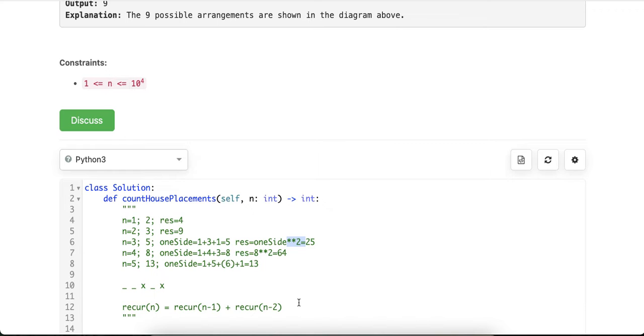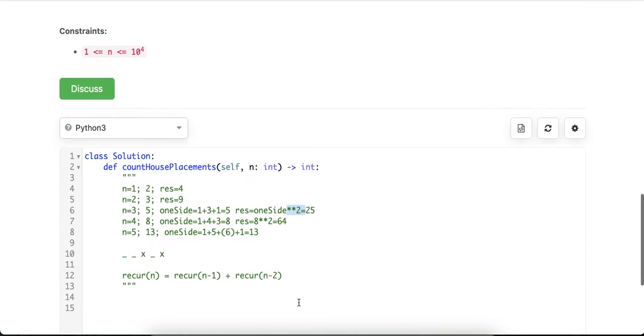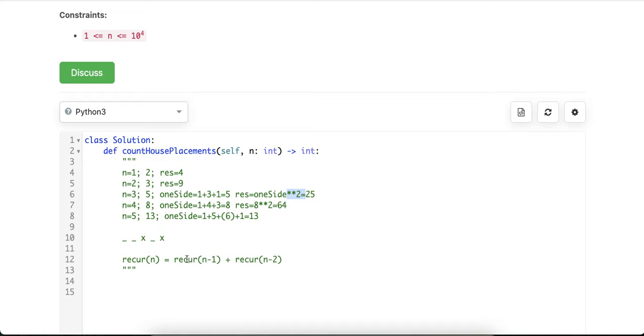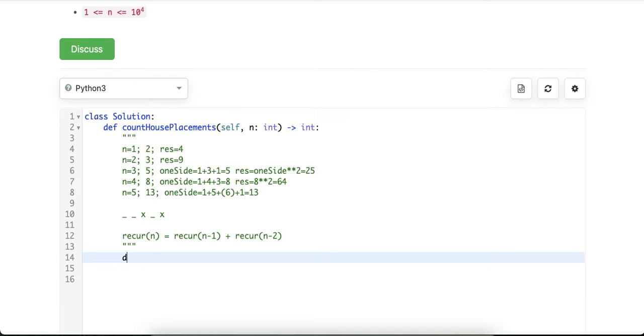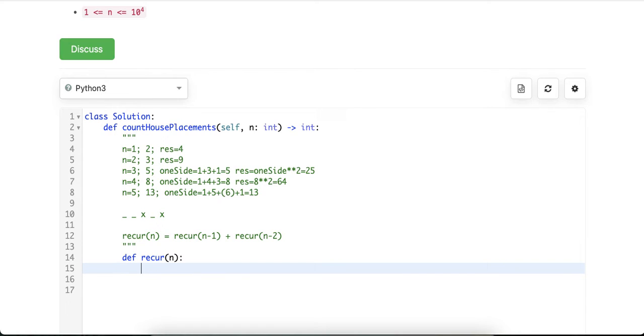Now that we know about this, we can just do our memoization, because this is a very famous problem in algorithm. I just forget what the name is. Basically, the relationship will be recur n minus 1 plus recur n minus 2, and there is a termination condition.